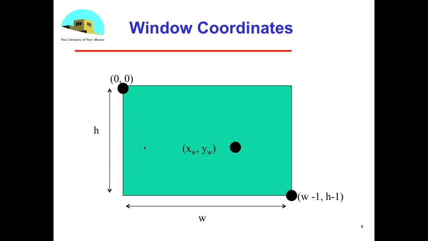Now that's an artifact of how television displays were first done. They're still done that way, but it goes back historically to that, where the display on a television is generated from the top to the bottom, and each line that is displayed on a television is displayed from the left to the right.